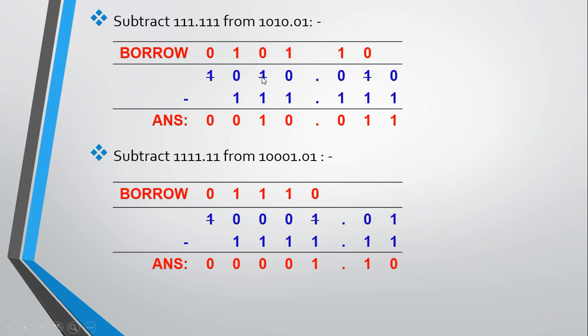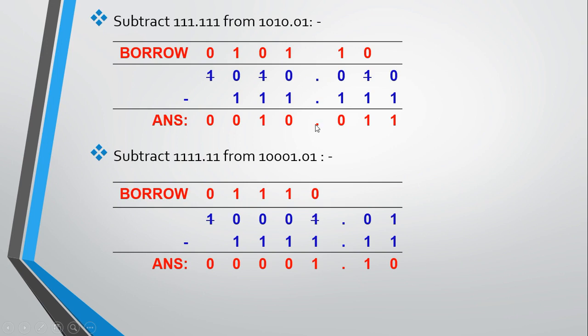But the previous order is this one, because in between that there are two zeros given over here. So what you need to do, you need to borrow from this one. You need to give 1 to both these numbers which contain 0. Now 1 minus 1 will return 0.